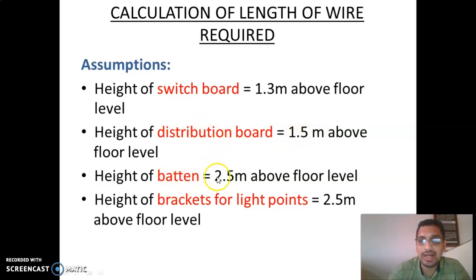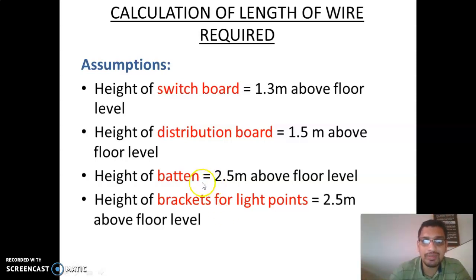The height of the batten is 2.5 meter above the floor level. The height of brackets for light points is 2.5 meter above the floor level, and the height of the building is assumed as 3 meter. These are the assumptions for costing and estimation of electrical installation in a domestic building.